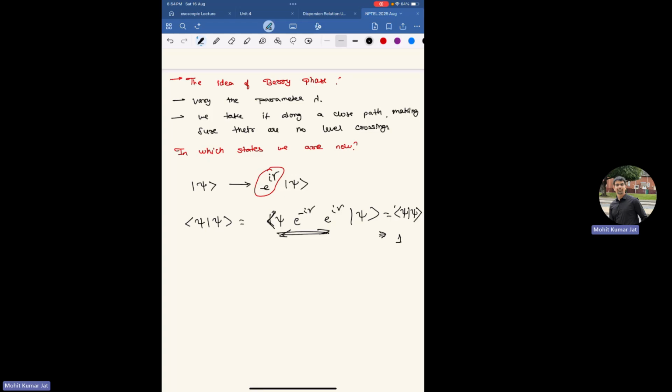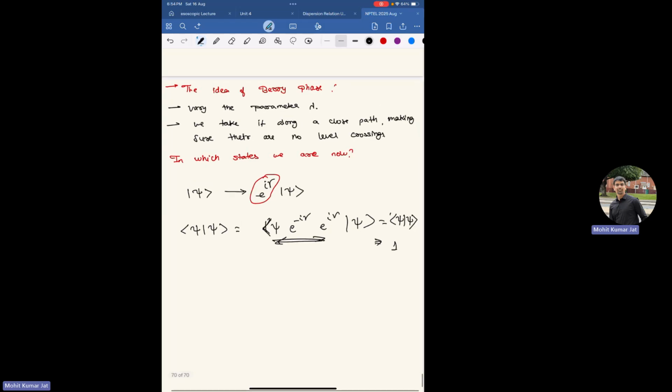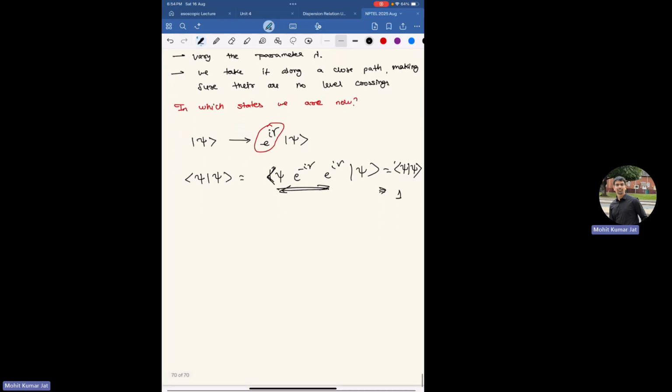But see, here we are translating the carrier along a closed path. And the thing which will matter here will be the path difference.